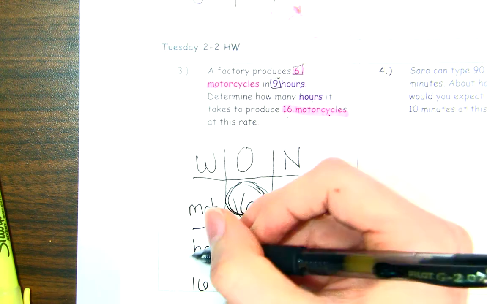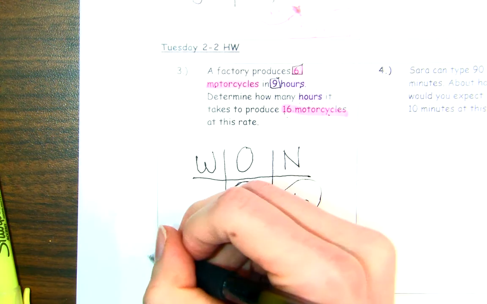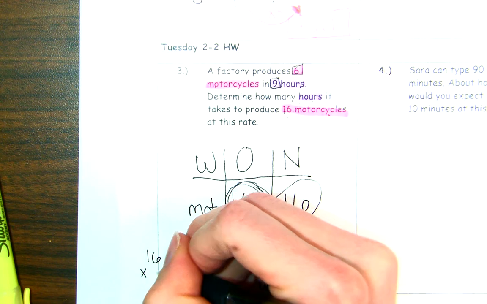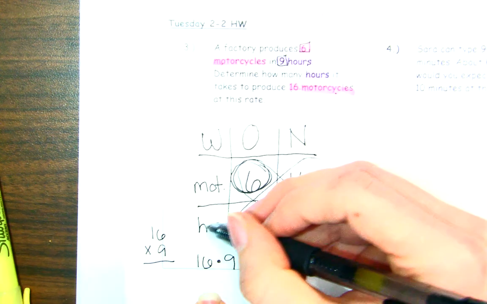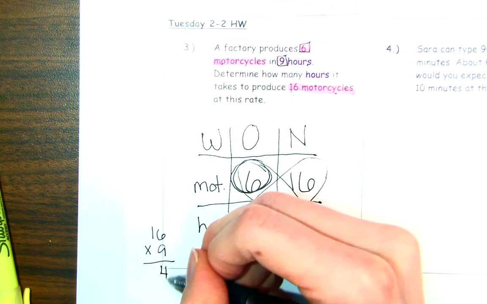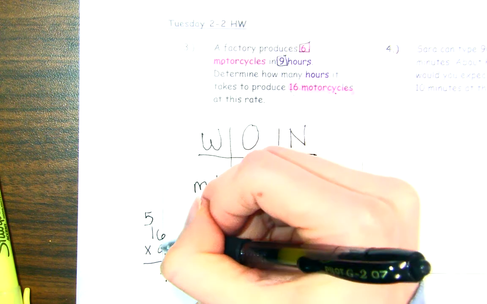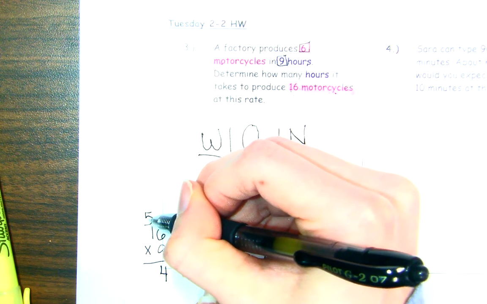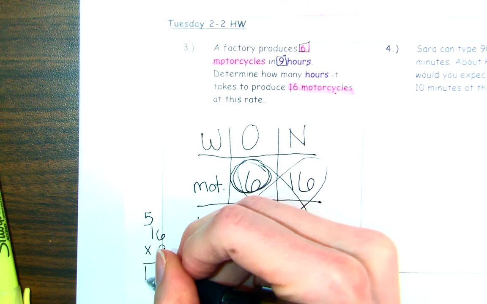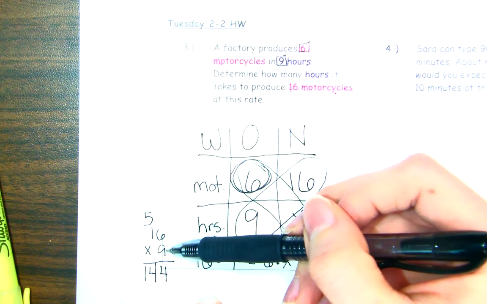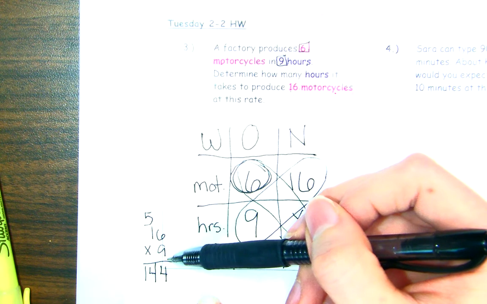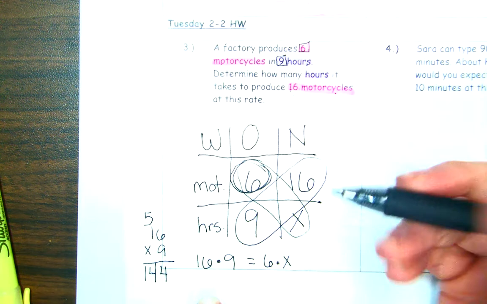So let's do 16 times 9 together. 16 times 9. Well, I know 6 times 9 is 54. 9 times 1 is 9, plus 5 is 14. Okay, so 16 times 9 is 144.